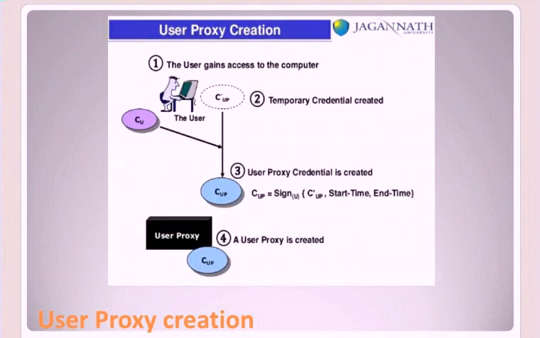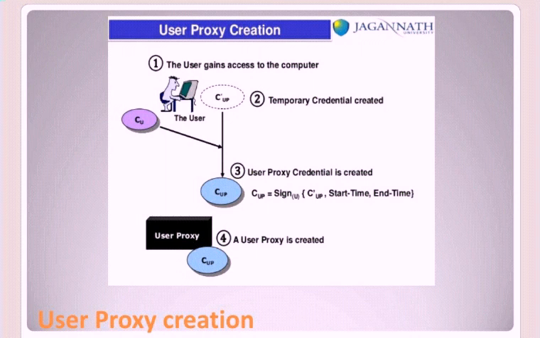This slide explains the 4 steps involved in user proxy creation. In step 1, the user gains access to the computer. In step 2, temporary credentials are created and sent to the proxy. And in step 3, after receiving the temporary credentials and certificate from the CA, the proxy credential is created.